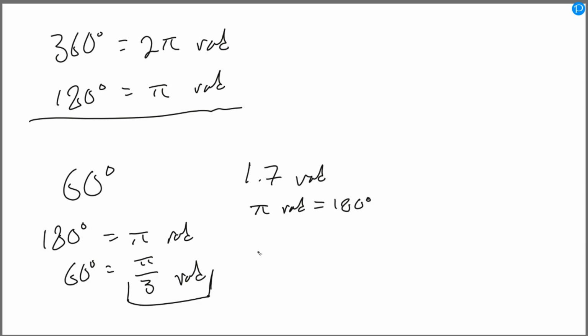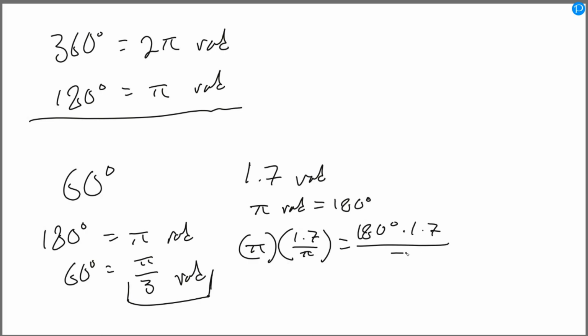So we can multiply by 1.7 over pi. Of course, we have to do the same on the other side, and then that gets us 1.7 radians is equal to this many degrees. And that's not going to be a nice number, so I'll leave it at that.